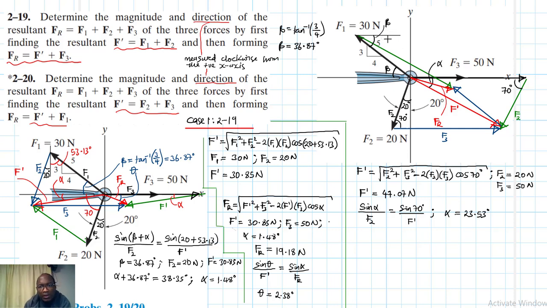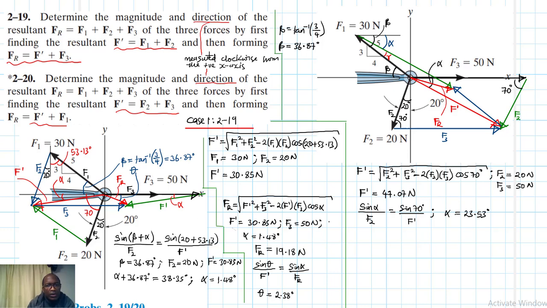Do you agree? This is alpha here. So let's say this one inside here is gamma. Let me create another boundary there.